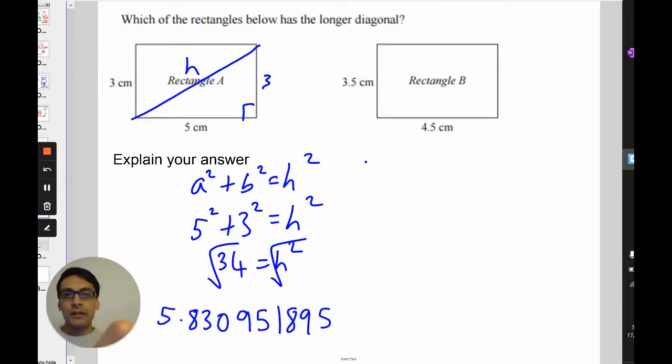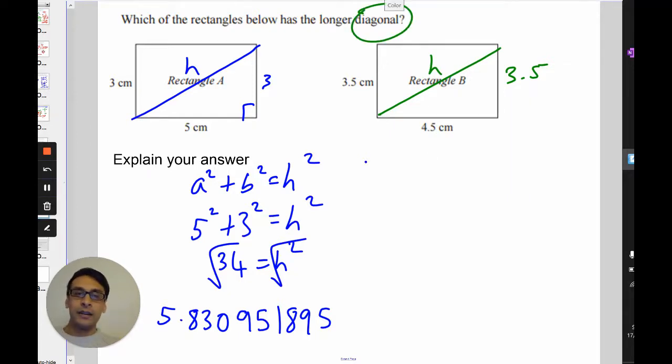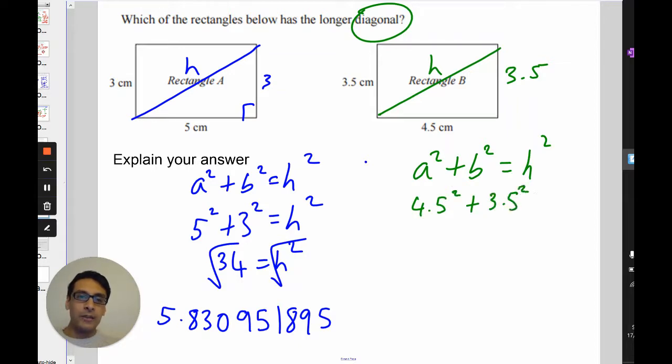And then the second one is going to be 3.5, and that's my hypotenuse here, or in this case we'll call it the diagonal. It's the same thing, so a squared plus b squared equals h squared, and then I can say 4.5 squared plus 3.5 squared equals h squared.